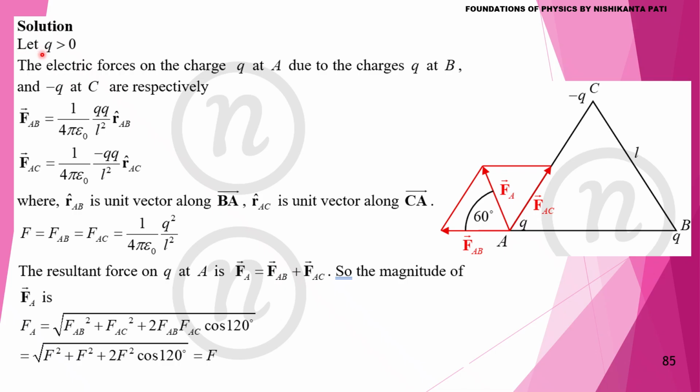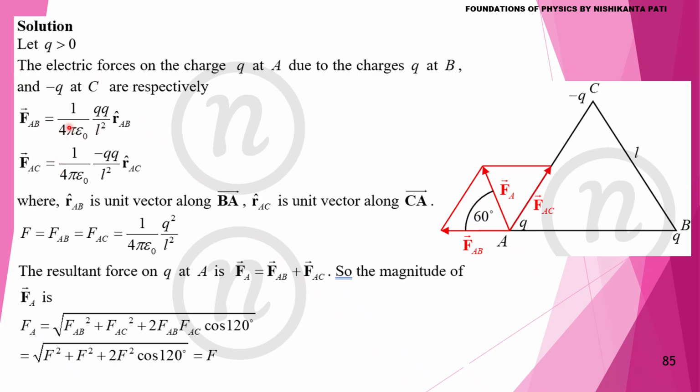Let us assume Q is greater than 0. So this is positive. The force is along r cap. This is negative. The force is opposite to r cap. So F vector AB is this way. F vector AC is this way.